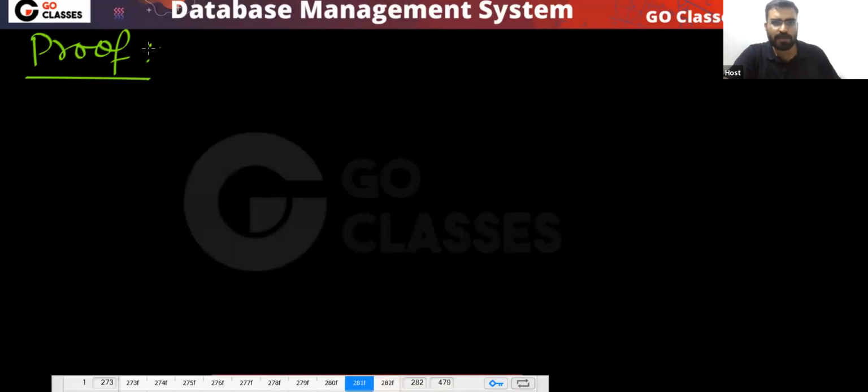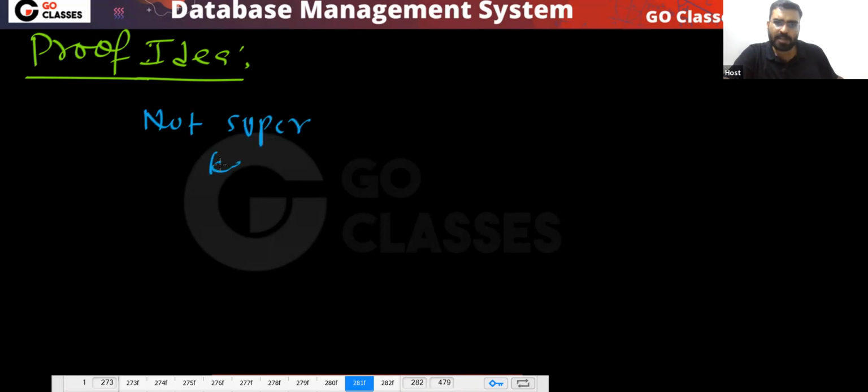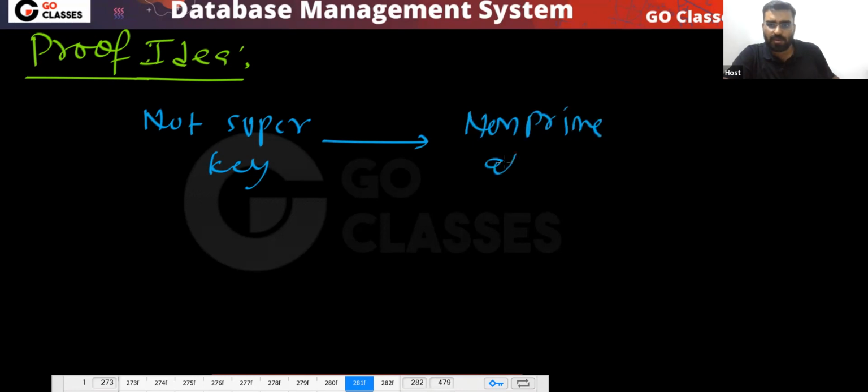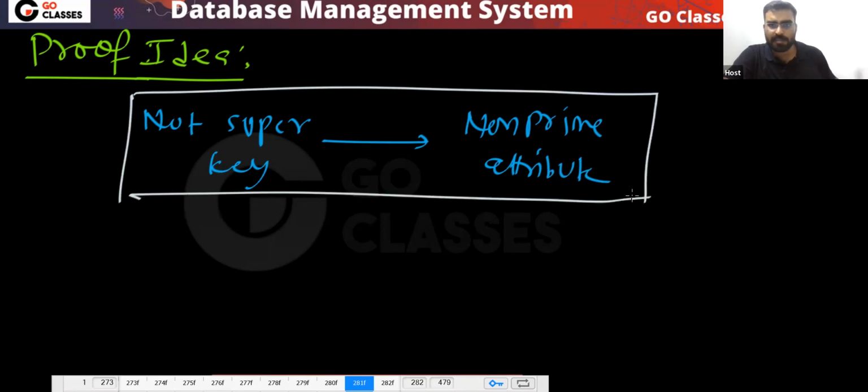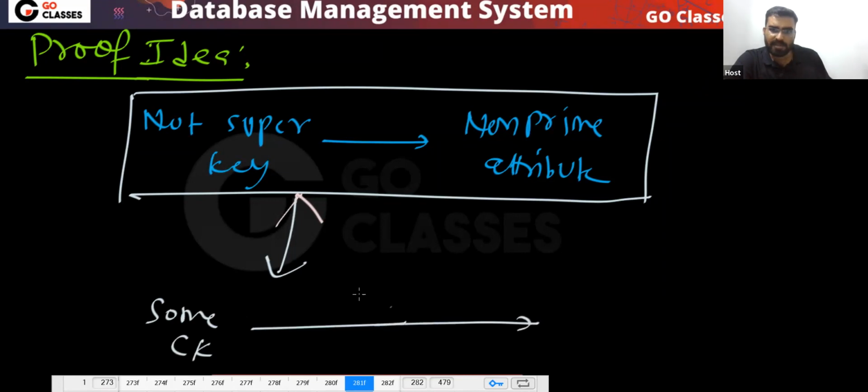The proof idea is this. If not a super key determines a non-prime attribute, then this will happen: some candidate key transitively determines some non-prime attribute.